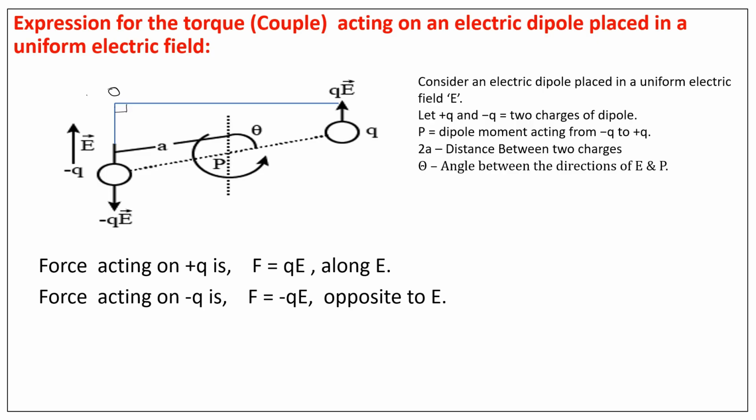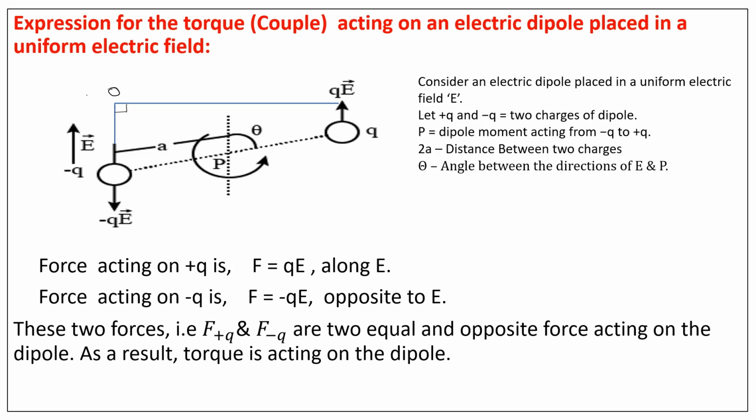Therefore, force acting on +Q is F equal to QE along E. Force acting on -Q is F equal to -QE, opposite to E. These two forces, that is F on +Q and F on -Q, are two equal and opposite forces acting on the dipole.